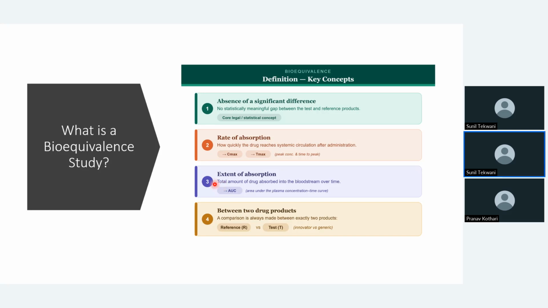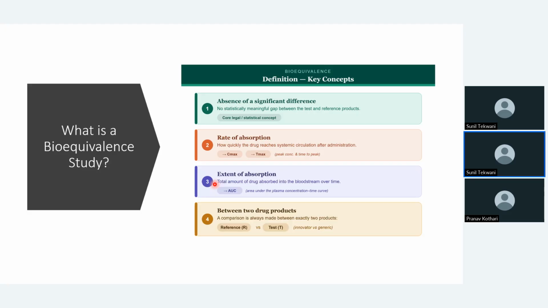Extent of absorption means for how long and in how much quantity the drug remains in the bloodstream. You take the medicine, within 1 hour it reaches the bloodstream, but for how long does it stay in the blood? For 10 hours, 20 hours, 30 hours, 2 days, 1 day.